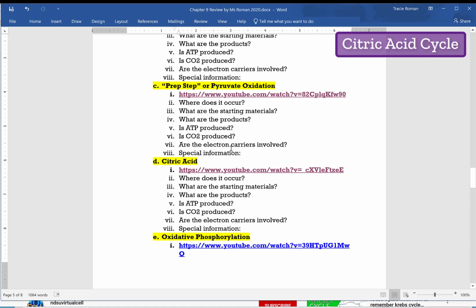Add that with the 2 molecules of CO2 produced during the prep step, and glucose has been completely oxidized into carbon dioxide. Special information, the fact that this is where glucose is completely oxidized into CO2.